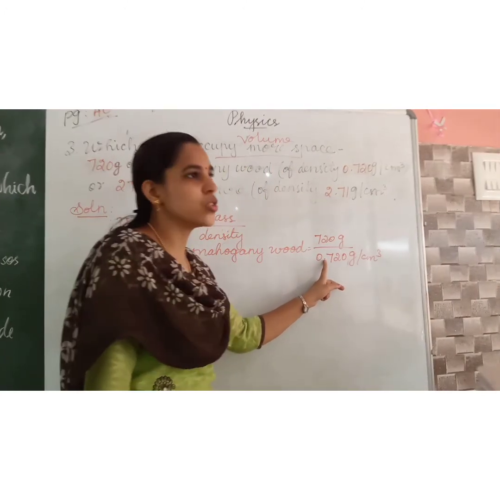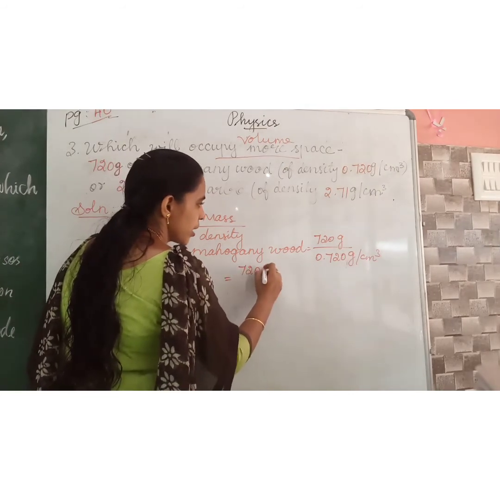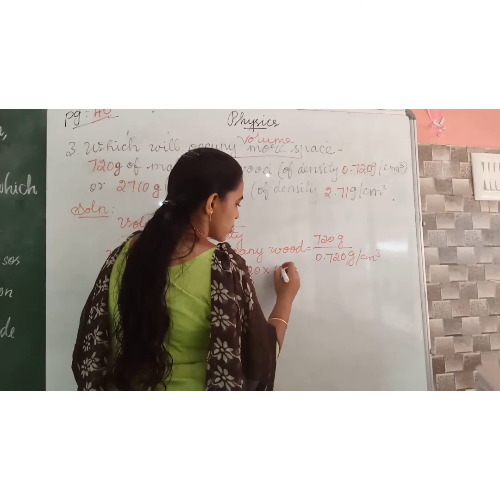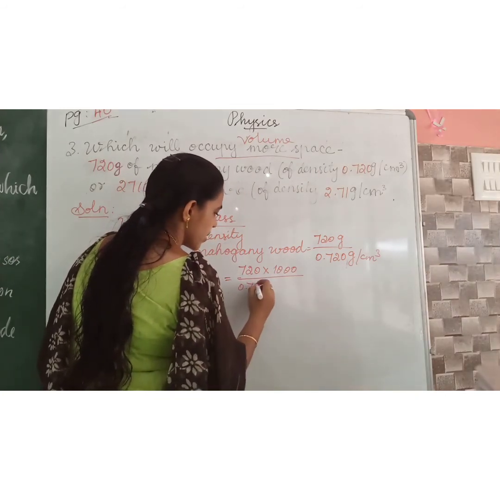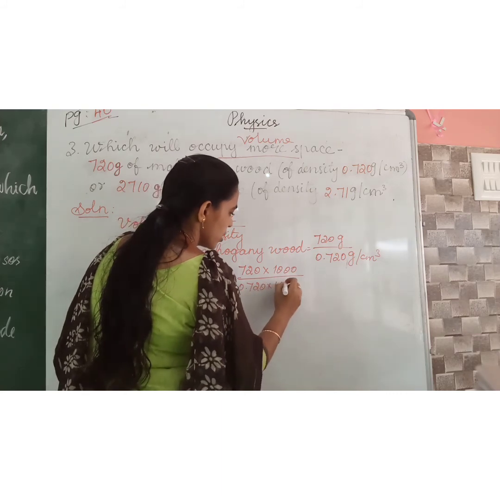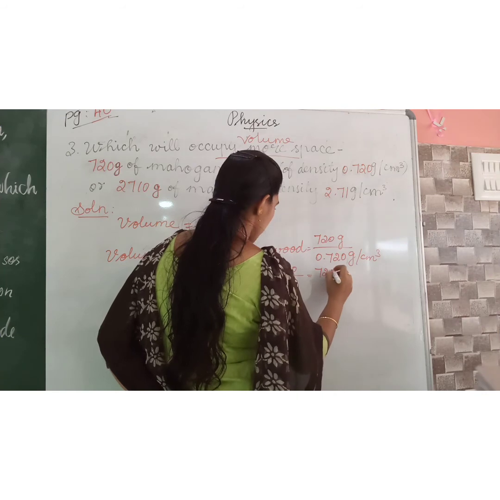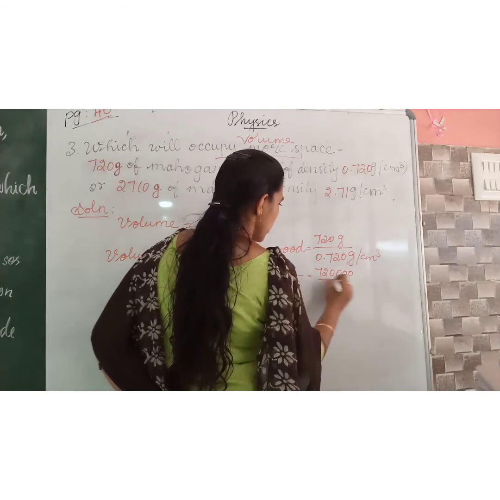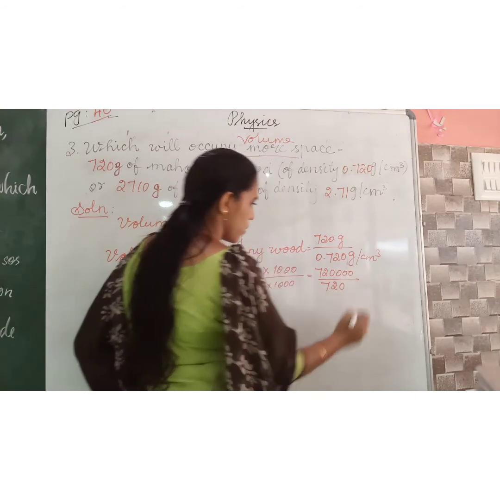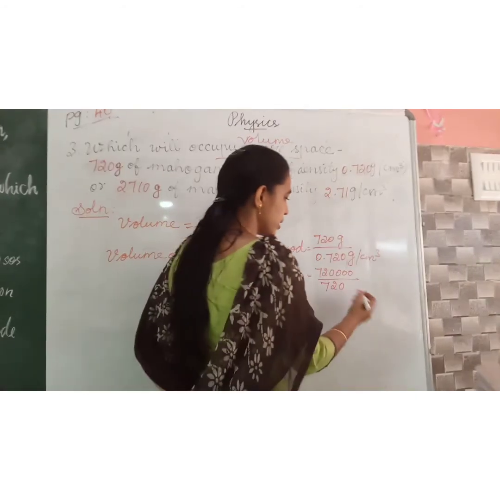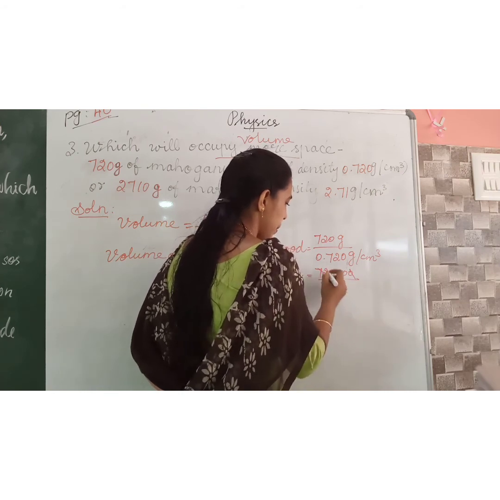We have to change this decimal. What do we have to do? 720 into 1000 divided by 0.720 into 1000. Then what is the number? 720,000. Listen here, we have to cut these numbers.